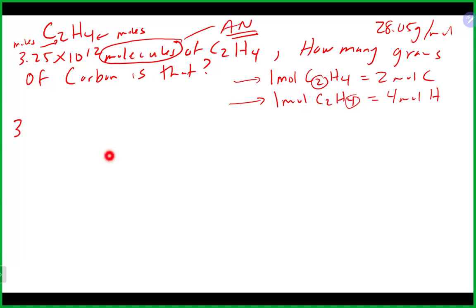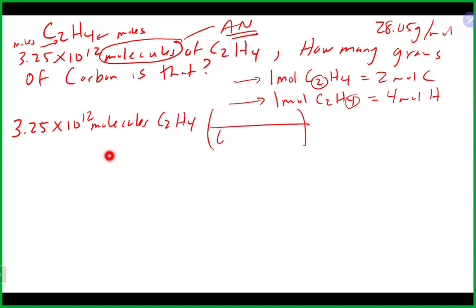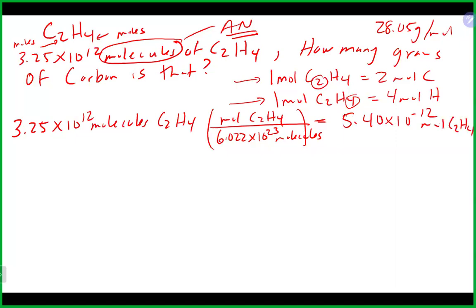So if I take my 3.25 times 10 to the 12 molecules of C2H4, and I use my Avogadro's number like I used previously there, 6.022 times 10 to the 23 molecules on the bottom per mole of C2H4. And if we get an answer at this point, we might have had that answer on the previous question here, 6.022 times 10 to the 23. We end up with our 5.40 times 10 to the minus 12 moles of C2H4.